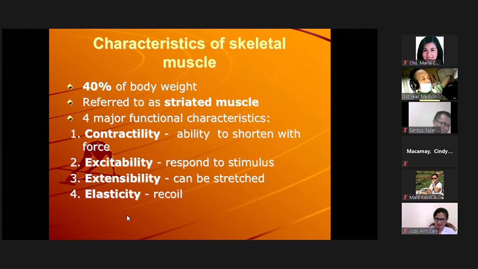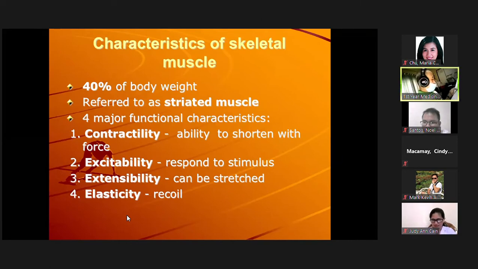Who does not agree with the two of them? Anyone from the group? Doc, I don't agree. What's your name? Dane Michael Timbal, Doc. So what will be your claim about the penis?